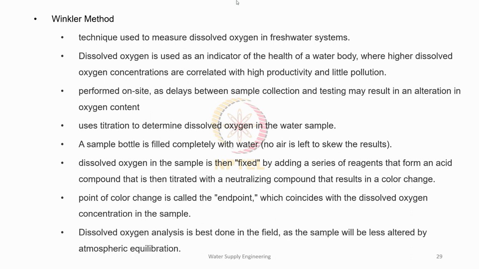And dissolved oxygen analysis is best done in the field, as the sample will be less altered. So the thing is, it's not a complete on-site test, but we need to perform it at the earliest once the sample is collected. The titration should be done at the earliest.